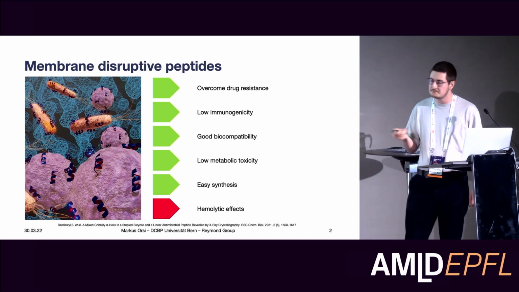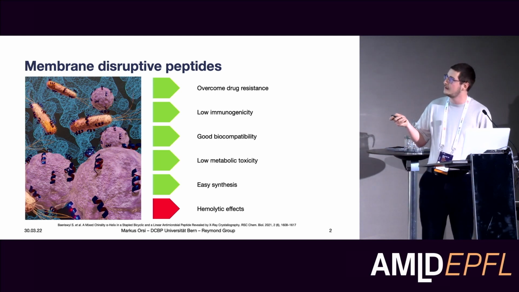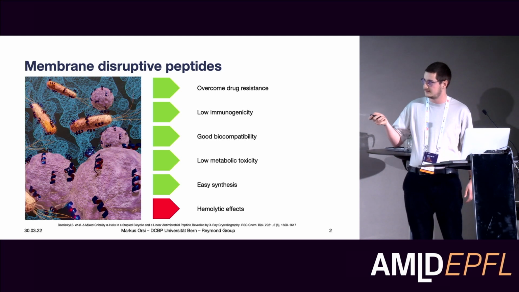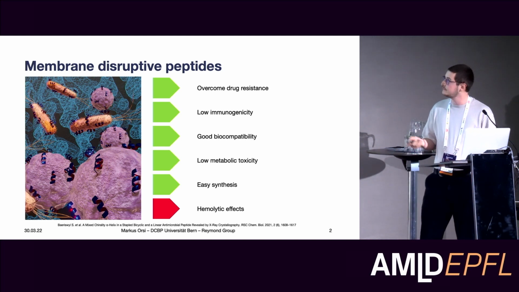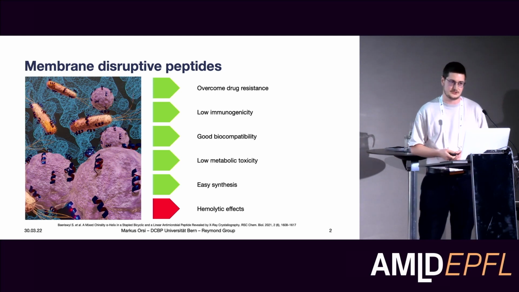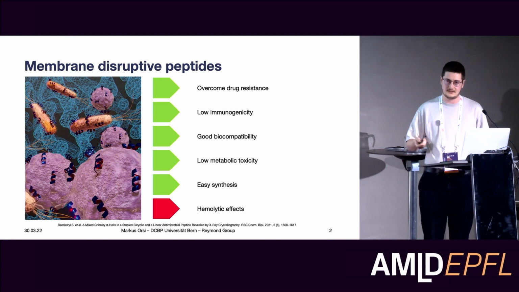And the nice thing about this mechanism is that these peptides insert inside the membrane, and they kill the cell in the process. Because of this, the cells, both bacterial and cancer, very often do not manage to develop drug resistance, which is quite nice, considering that this is a growing problem.